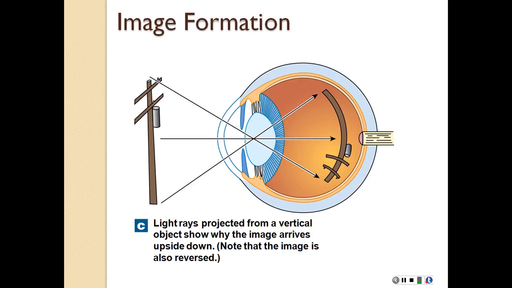So if your eyeballs were flipped, you would see the room upside down. But then after a few weeks, the brain fixes it. After a while, they were able to adapt and see things the way they were supposed to. Somehow, when the signal makes it to the brain, it reorients things the way they should be.